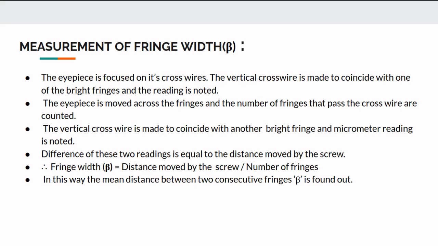The difference of these two readings gives the distance moved by the screw. We have already counted the number of fringes that pass the crosswire. Then we know that fringe width is equal to distance moved divided by number of fringes. By calculating this value, we get the fringe width.